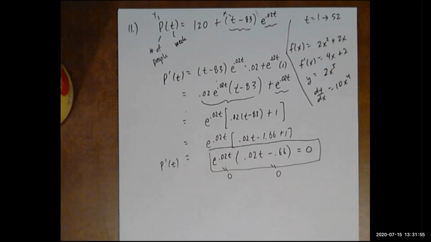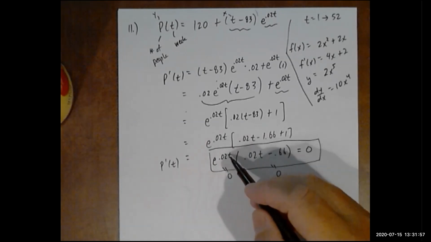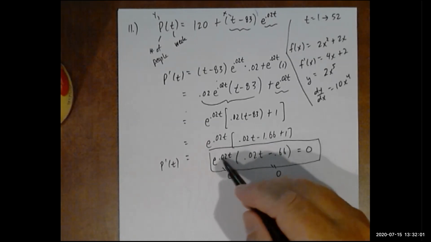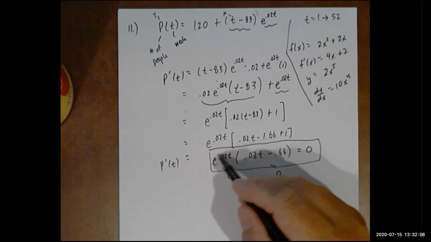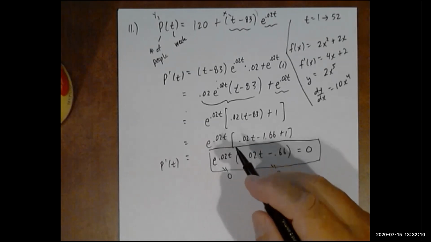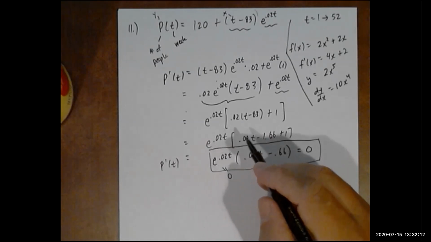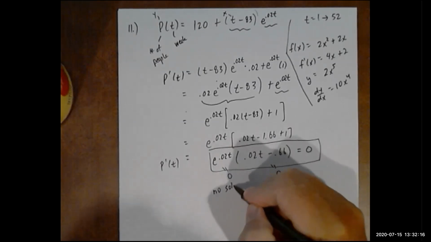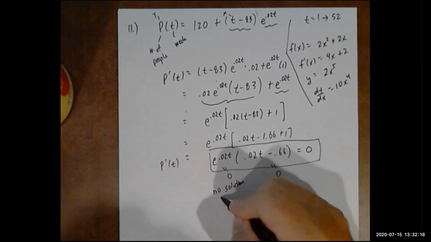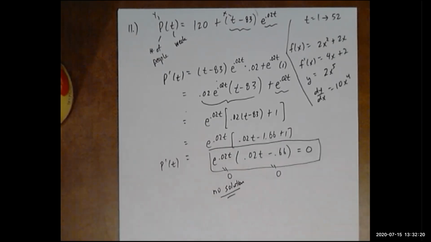Now, the first thing I hope you realize, or maybe you don't, is that when you have your variable up here in the exponent, I ask myself, what number could I plug in here for t that would cause the whole exponential to be 0? As it turns out, it's impossible.